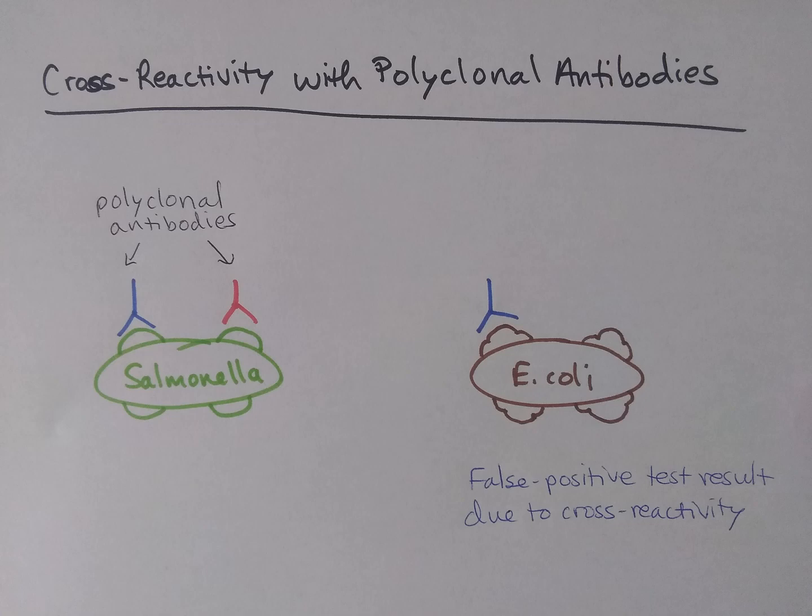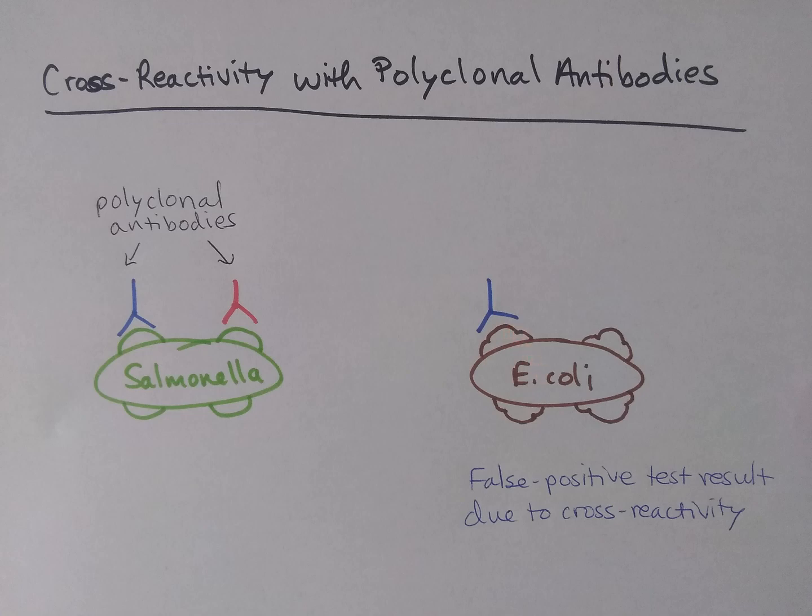Here's a picture showing cross-reactivity with polyclonal antibodies. So these polyclonal antibodies both bind to the Salmonella bacteria. But the problem with the polyclonal antibodies is because they're not all exactly the same and they don't always bind to the exact same epitope on the same antigen, it is possible for some of these polyclonal antibodies, for example this blue one, to also bind to something else. So in this case, this polyclonal antibody not only binds to Salmonella, but it also binds to E. coli bacteria.